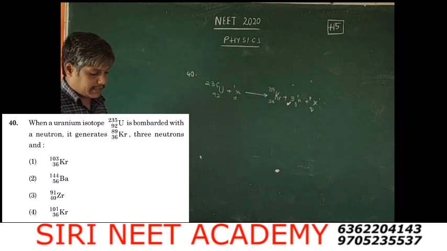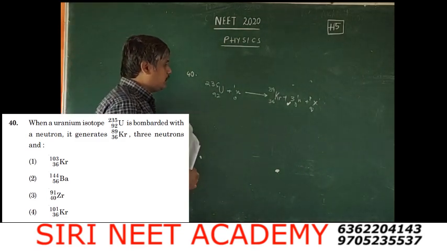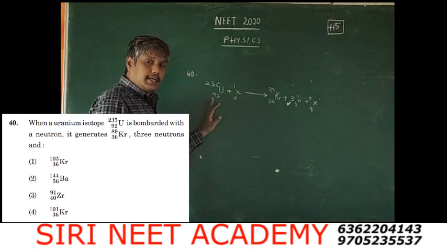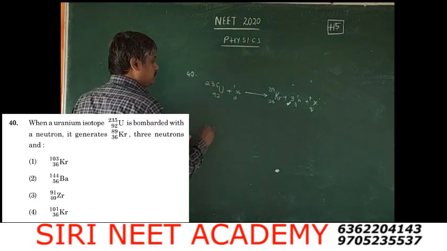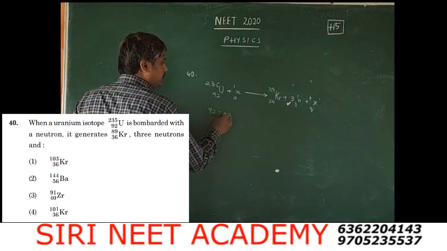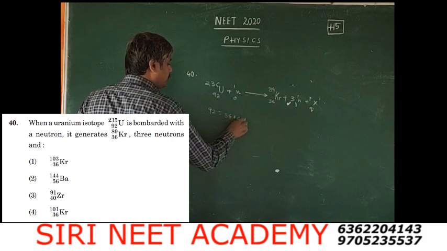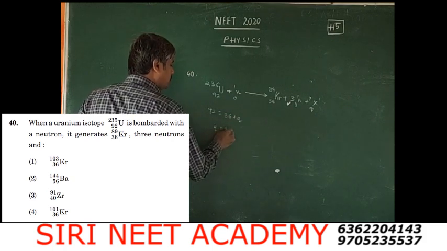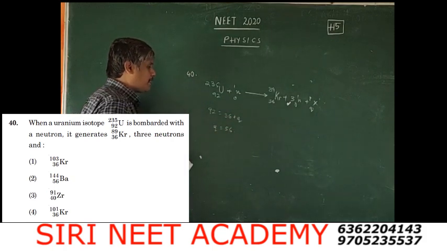You don't know what the other thing is. Now, in a nuclear reaction, charge as well as mass number are conserved. So, 92 is equal to 36 plus Q, so Q is equal to 56.